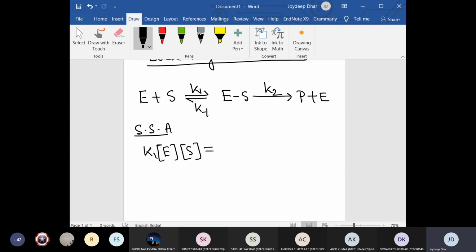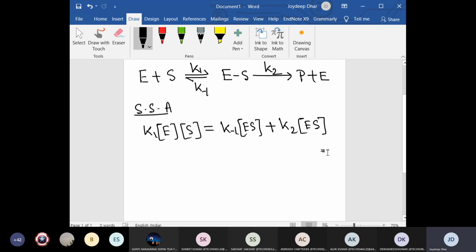One is backward, where ES is the starting material, k minus 1 into ES, and the other is the conversion to product, k2 into ES.